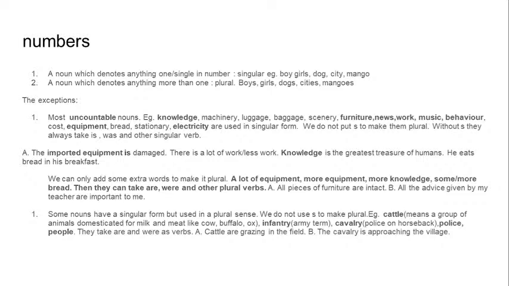City, after removing y you should add ies. After mango you should add es. Not like boys and girls. So these rules you already know, but the exceptions are most important, from where most of the questions are asked.